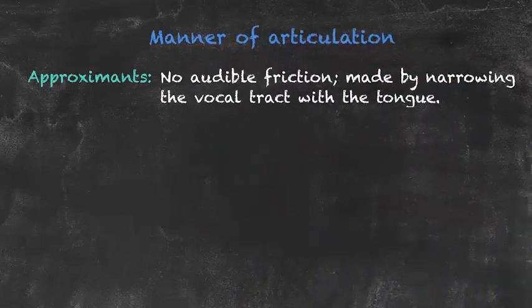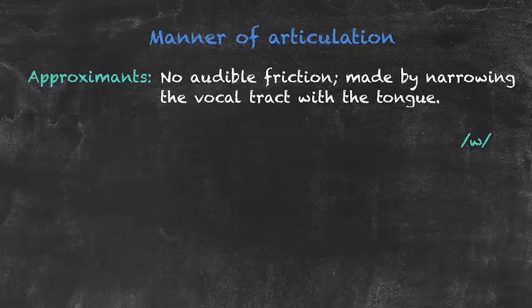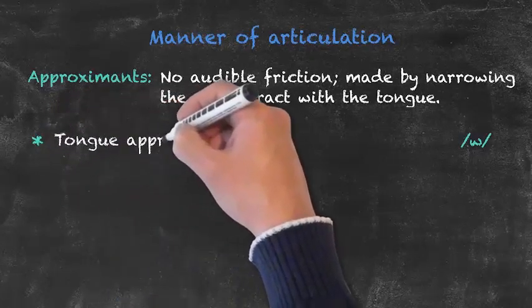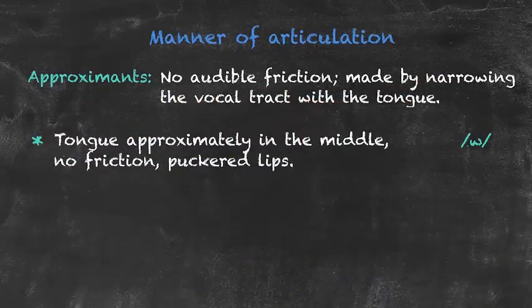Air is moving freely, but the vocal organs are not close enough together to create audible friction. These sounds include w. The place of articulation is in the front. However, the manner of articulation, we have our tongue approximately in the middle of our mouth, not causing any vibration with any other vocal organs, in order to produce the sound w.